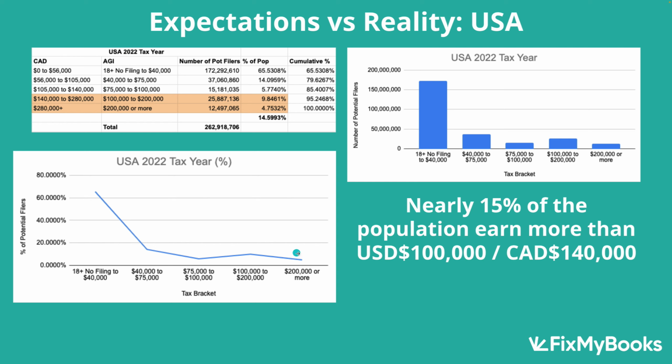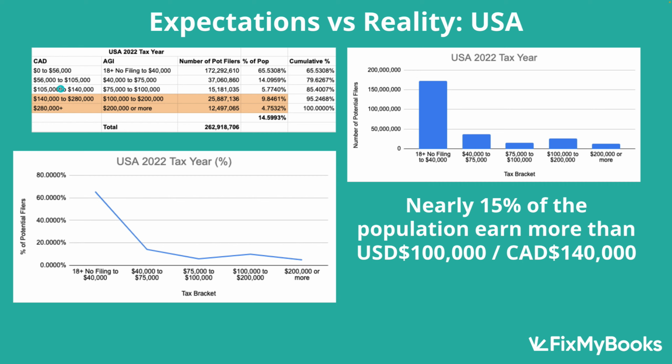And you can even see from the graphical representation here, they've got a big bump with the 100,000 to 200,000 US dollars, which would be 140,000 to 280,000 CAD. They've just got a big bump there of people earning good amounts of money.